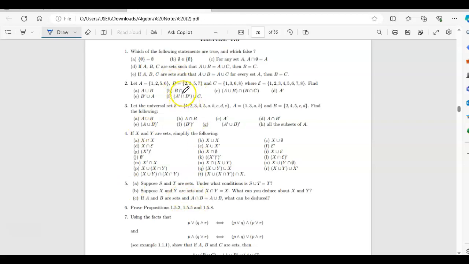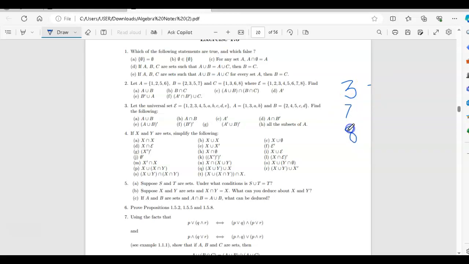So, not A and not B. Basically, the first one you look at is not A. Not A is everything in B and C, but it mustn't repeat anything in A. So if I say not A, it'll be 3, 7 and 8.